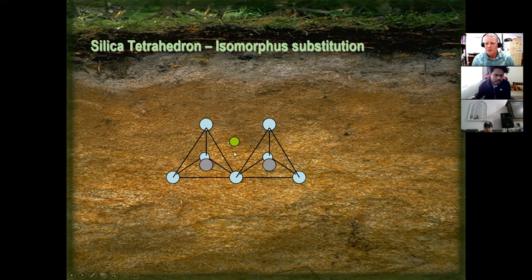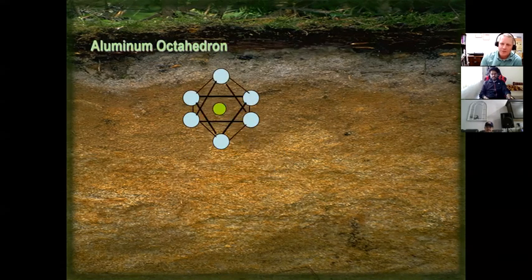This is +4. This is a +3. So our shape is the same, but now, because this is only a 3 and not a 4, we end up having a negative charge out here. Sound good?